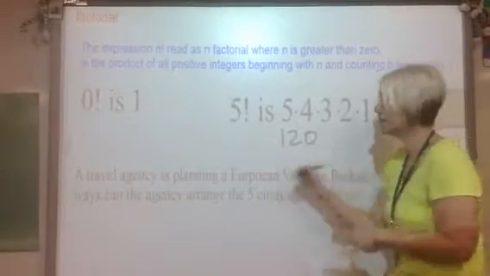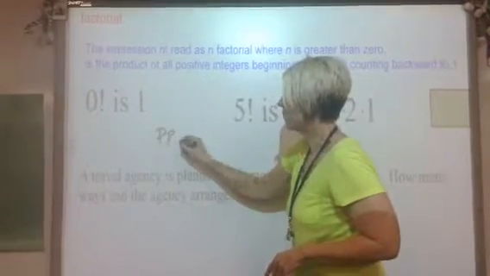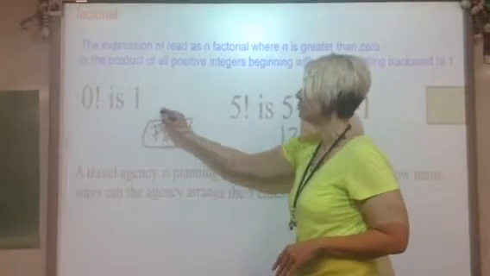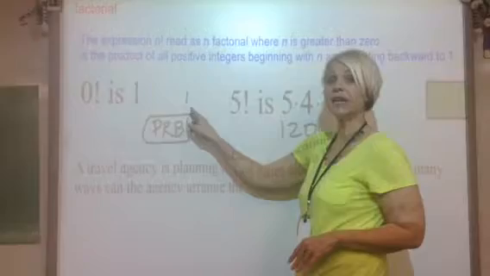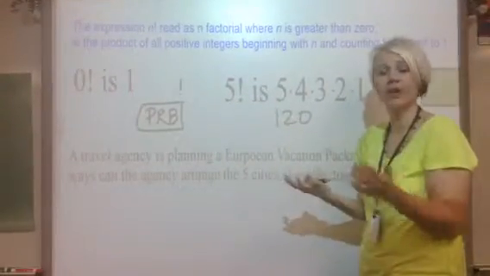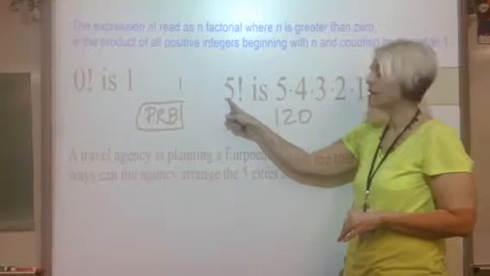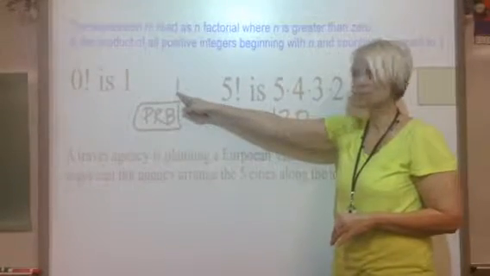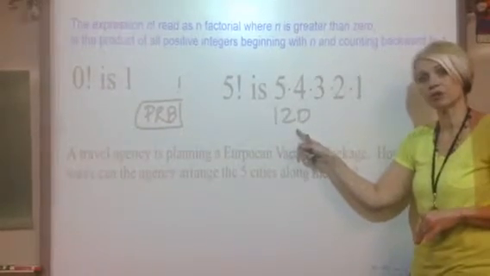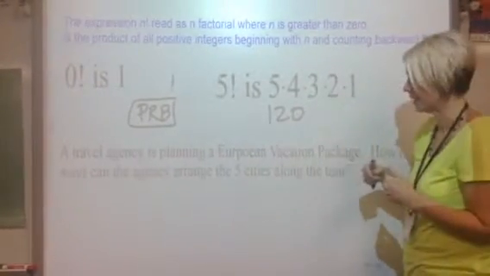How do you type this in? On your calculator you have the PRB key. This means probability. You have to scroll over 3 to the exclamation point, and you have to hit the number first. Let's try this together. Type in 5, PRB, scroll over to the exclamation point, hit equals, and you should get 120 on your screen. If you don't, rewind it and watch that again.